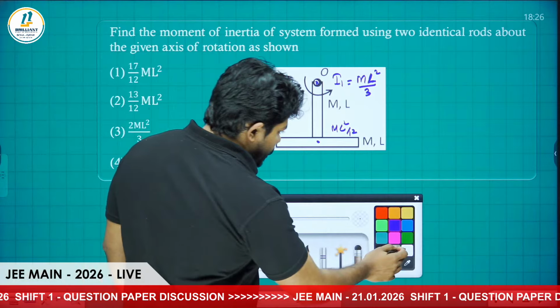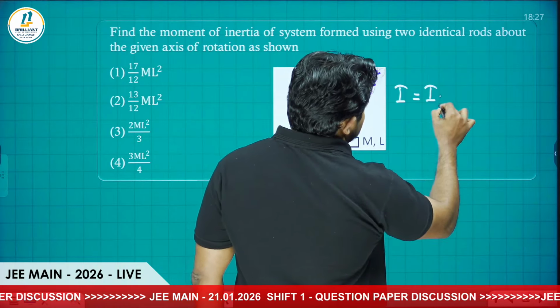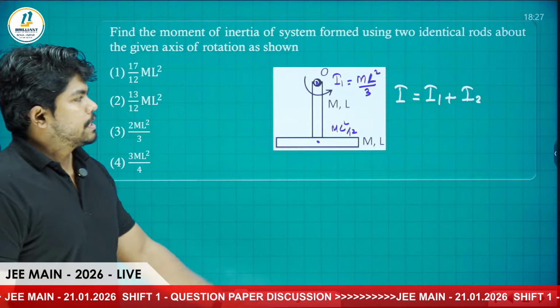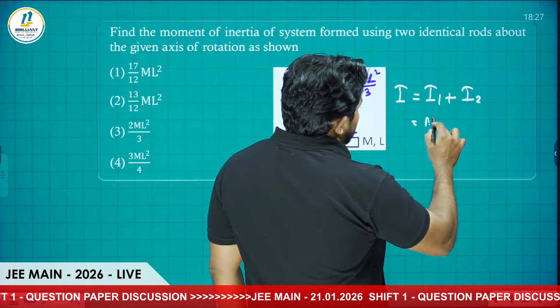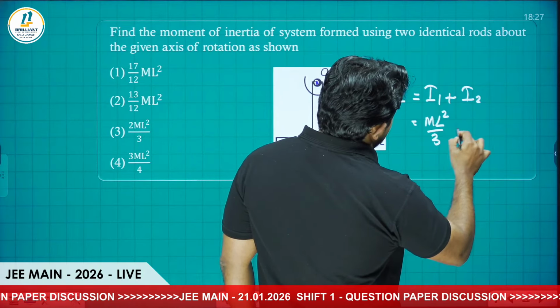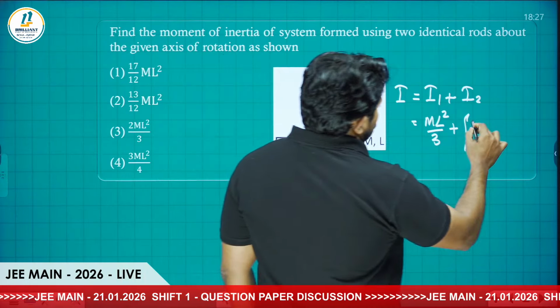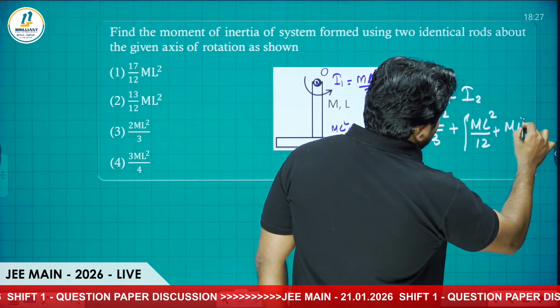So what will be the moment of inertia? We can write the total moment of inertia is the sum of the two moments of inertia, right? So we can substitute the values: m l square by 3 plus, here we have to apply the parallel axis theorem, so it will be m l square by 12 plus m l square.